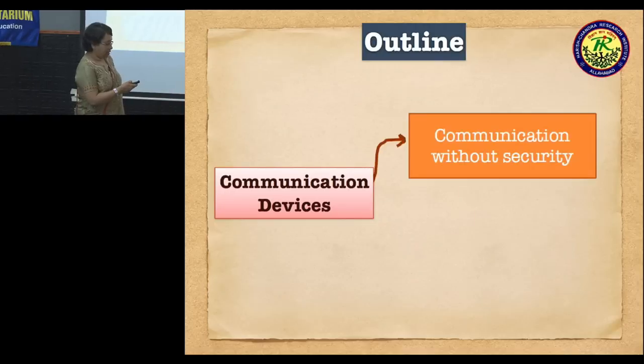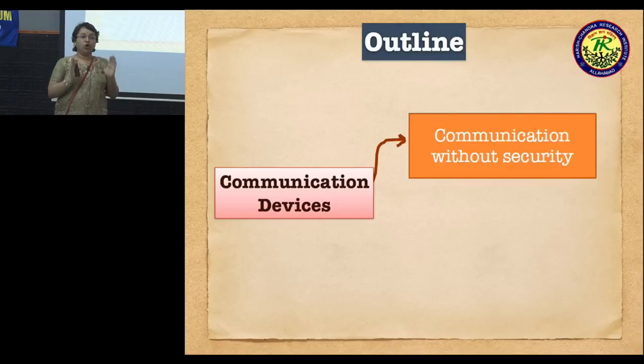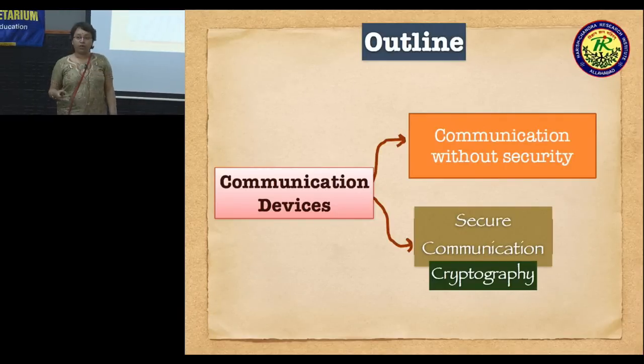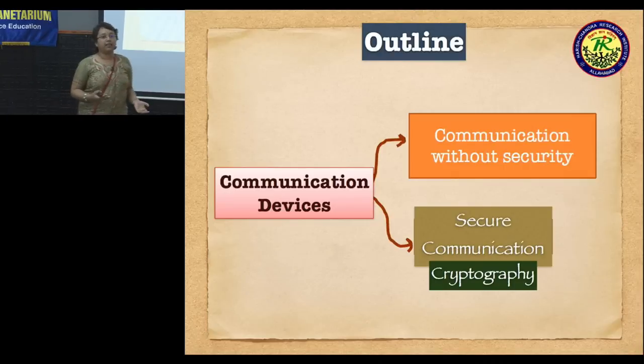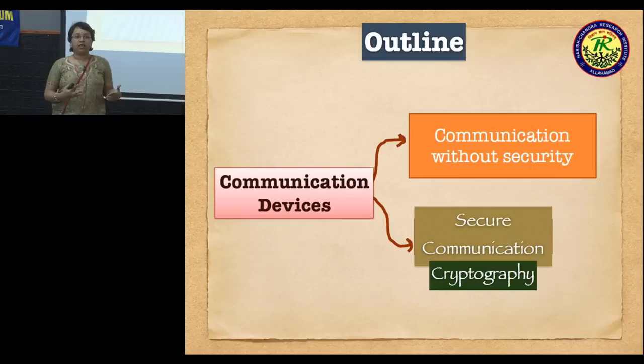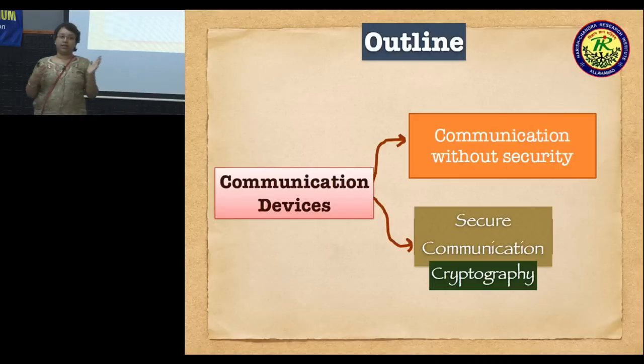Usually communication devices are broadly classified into two categories. One is communication without security, and another is secure communication, which is known as cryptography. I will also tell you that if you use quantum physics or quantum laws, you will get certain advantages which you cannot get from our current communication devices.